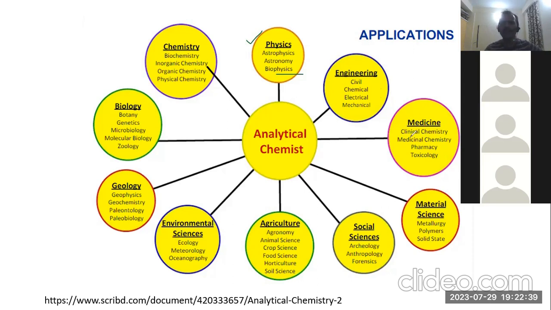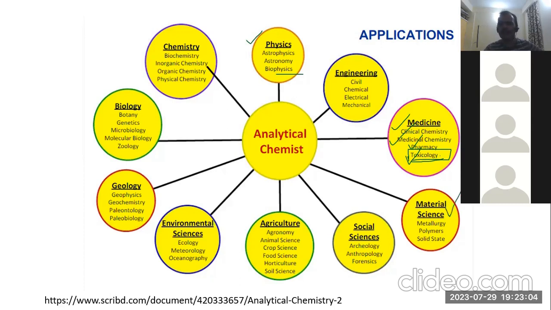Then medicine. In clinical chemistry, medical chemistry, pharmacy, and toxicology also we need use of analytical chemistry. In the lectures assigned on this course, the beautiful example of toxicology is already explained. So what are the uses of analytical chemistry in toxicology?